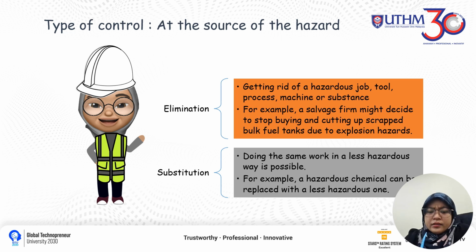The description is getting rid of the hazardous job, tools, process, machine, or substances. For example, a salvage firm might decide to stop buying and cutting up scrap bulk fuel tanks due to explosion hazard. For substitution, doing the same work in a less hazardous way is possible. For example, you replace the hazardous chemical with a less hazardous one.